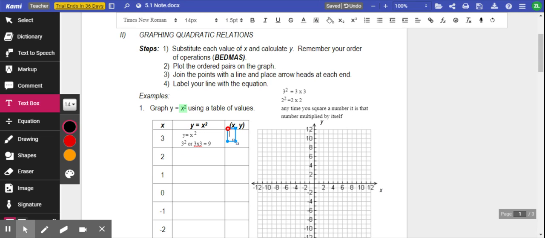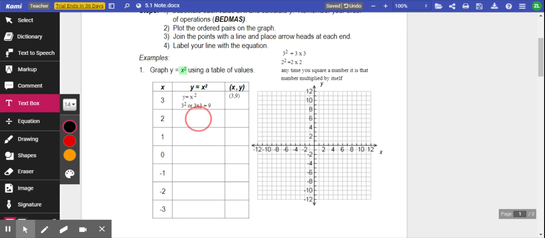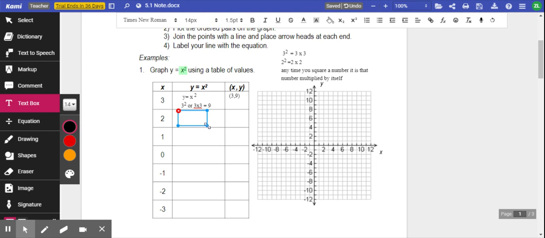And if we want to fill in our x comma y, we know that our x over here is 3, and our y is what we just solved for, so the coordinates are 3 and 9. We'll plot those at the end, but I will show you how that goes after we calculate a couple more of these. From here, we're going to have 2 squared, because we're substituting the x value, 2, into the equation y equals x squared.